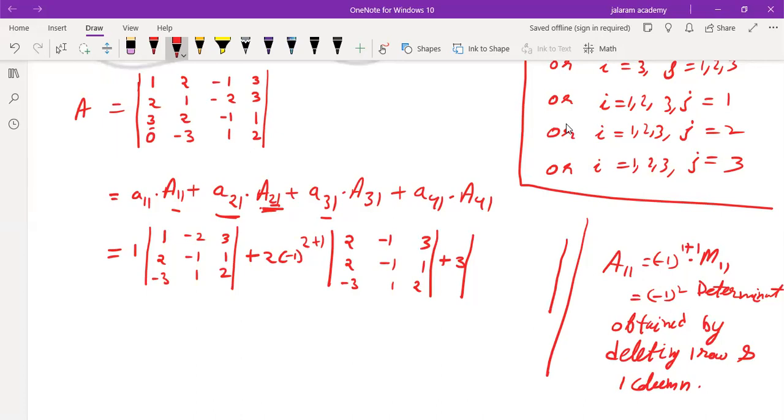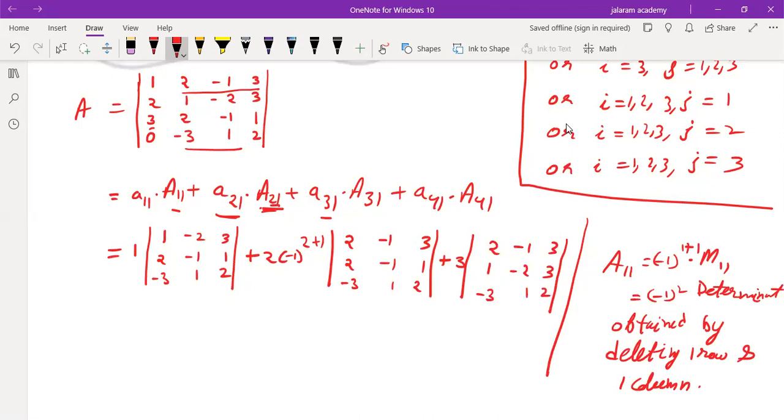So if we delete third row, that is this row, 3 2 minus 1 1, and first column, that is this column, 1 2 3 0, we get 2 minus 1 3 as the first row, 1 minus 2 3, and minus 3 1 2. Always check before writing: third row, first column.